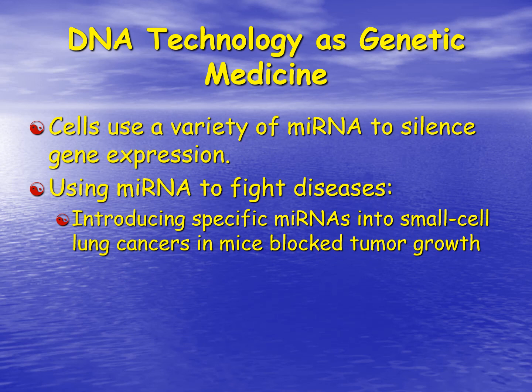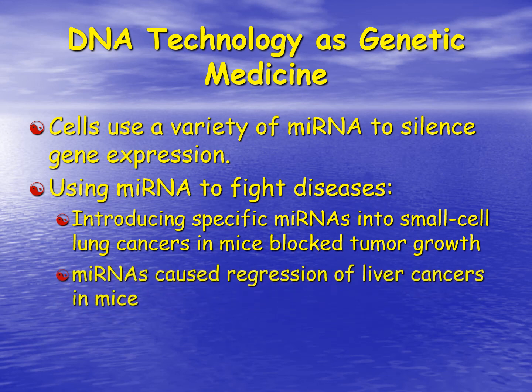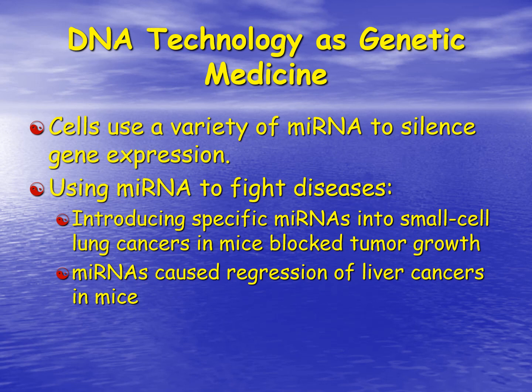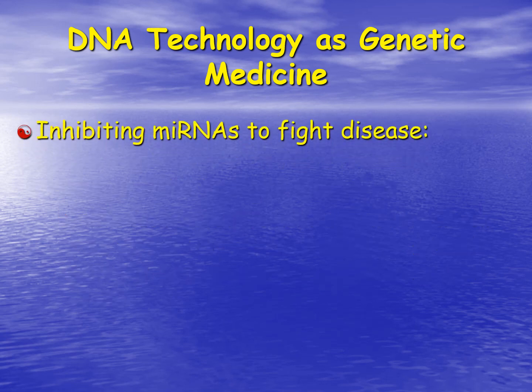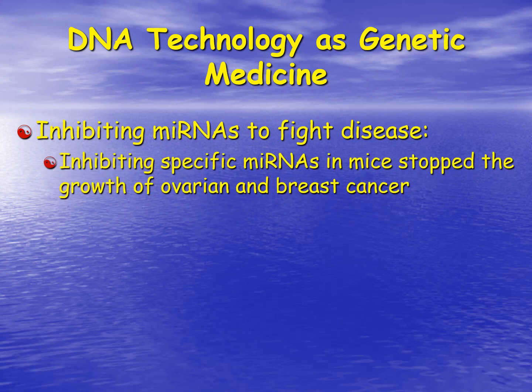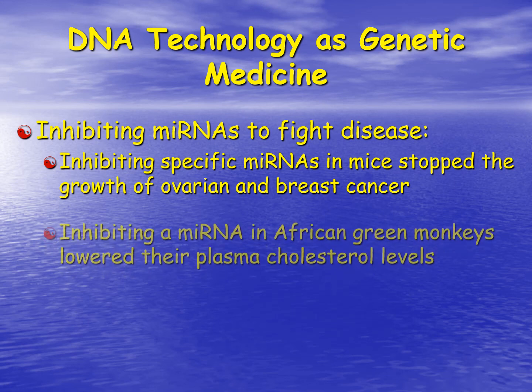Introducing specific microRNAs into small cell lung cancers in mice actually blocked and stopped the growth of the tumor cells. MicroRNAs cause regression of liver cancers in mice. Inhibiting specific microRNAs in mice actually stopped the growth of ovarian and breast cancer in the mice.